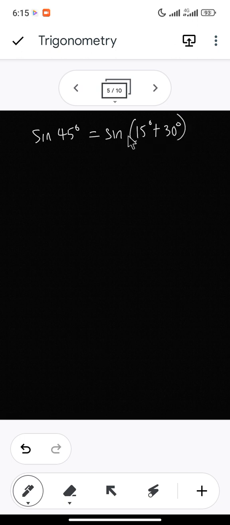So when you have a trig with two angles being added together inside the trig, this is a compound angle. So there are basic formulas for compound angles. So the first is for sine. Let me quickly erase this, so we'll continue.